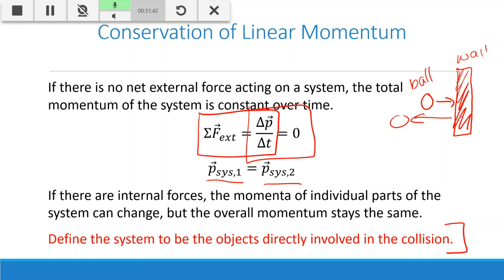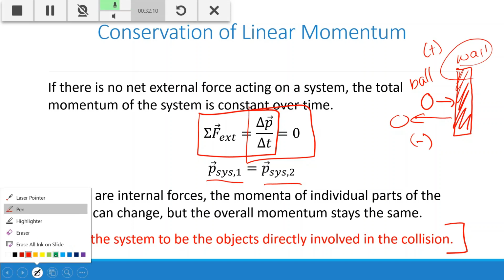But if that wall is fixed in place, it's not gaining whatever momentum is lost by the ball, because the ball starts with positive momentum and in the end ends with negative momentum. There was definitely a change of momentum for the ball, but the wall does not move to keep up that momentum. So momentum is being lost from our ball-wall system.